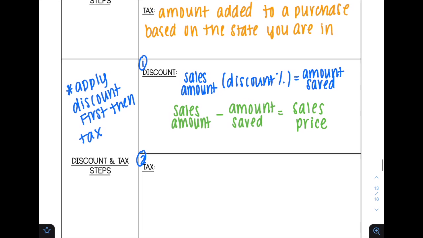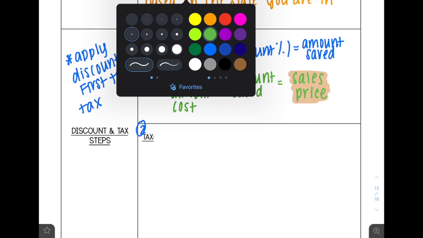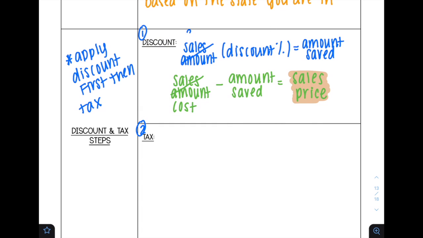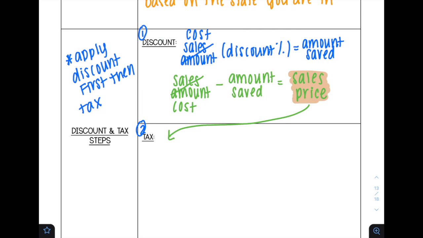You're going to then use this sales price, and I should say this is like the cost of the item, or the cost of the purchase amount. So you're going to use the sales price when calculating your tax.